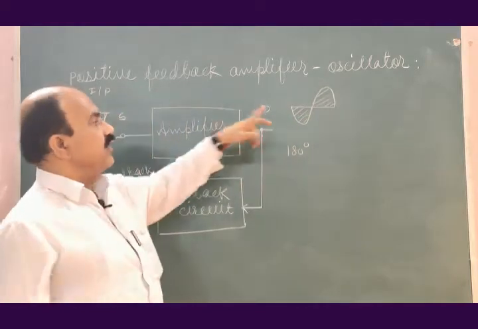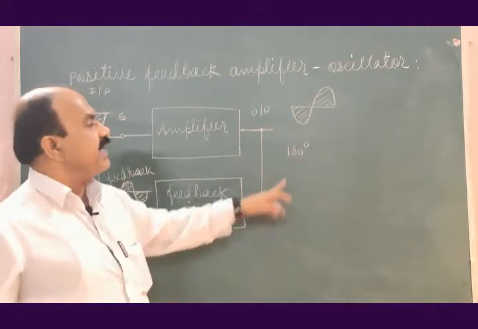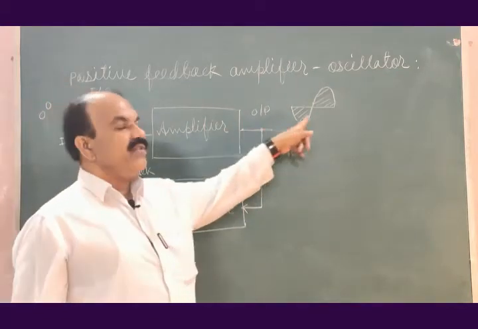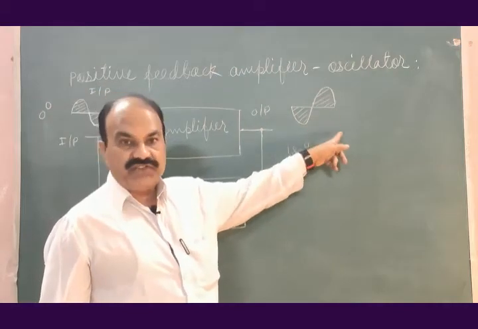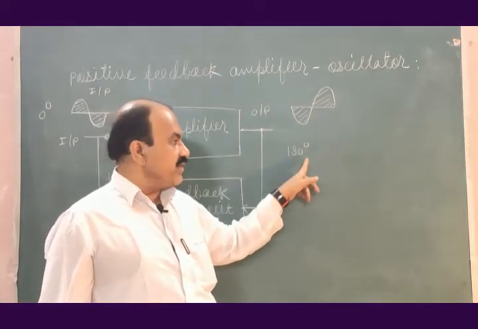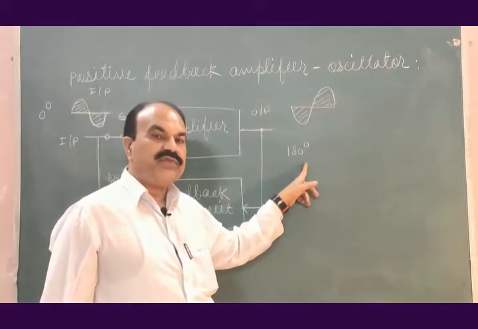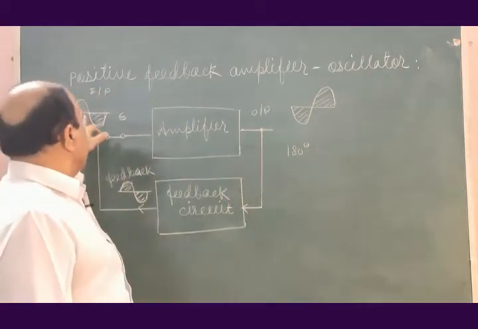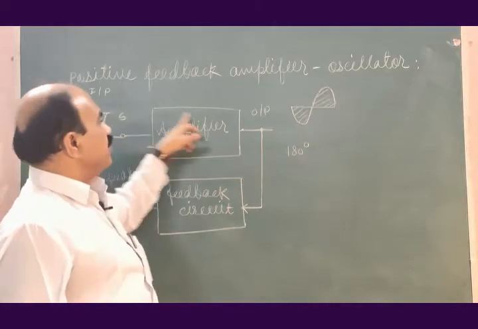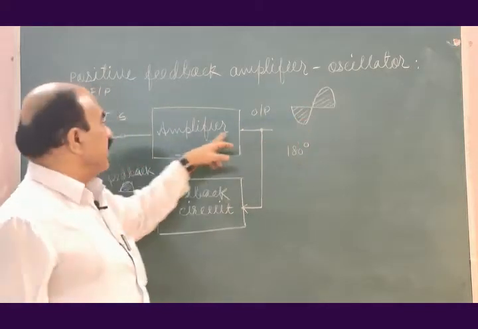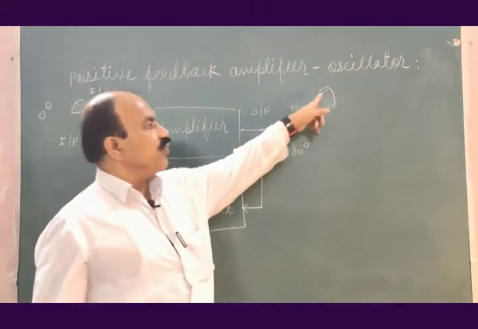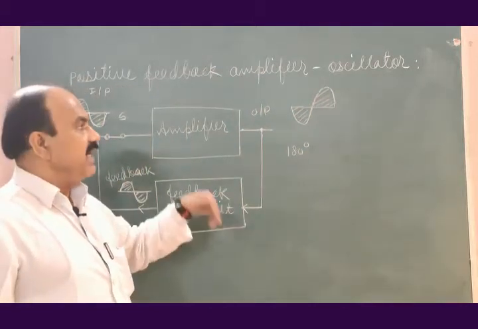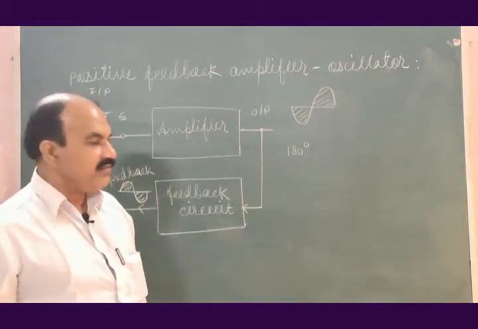So input and output are out of phase by 180 degrees. The input is amplified, it is inverted because of a phase shift of 180 degrees. When input is positive, output will be negative. When input is negative, output will be positive. This is inversion as well as amplification.